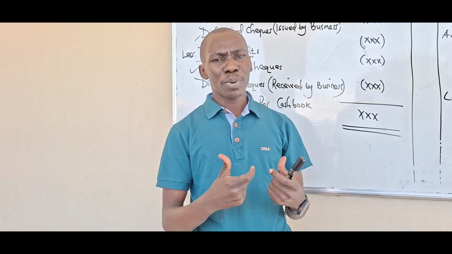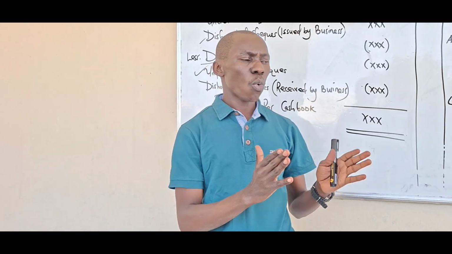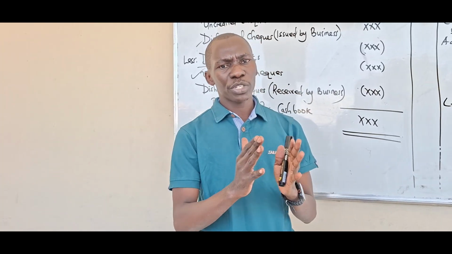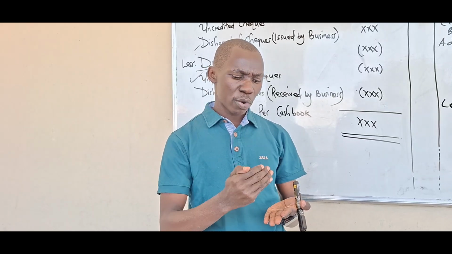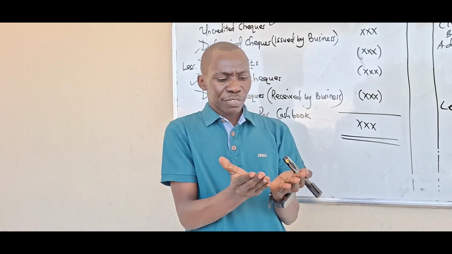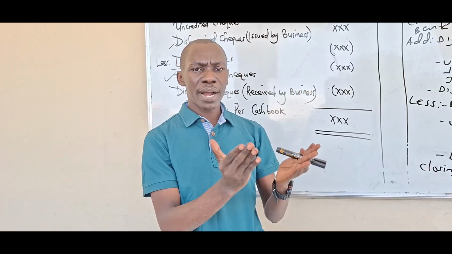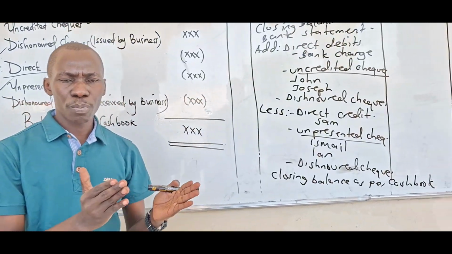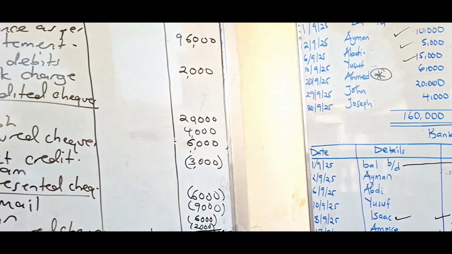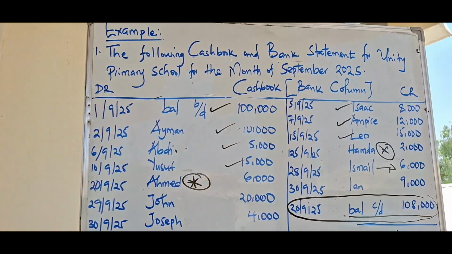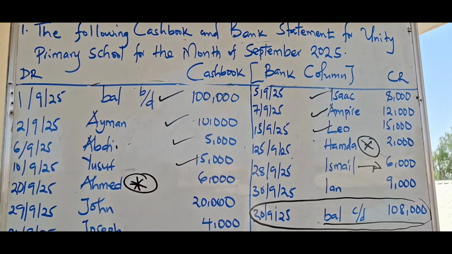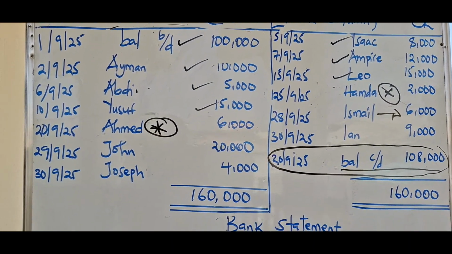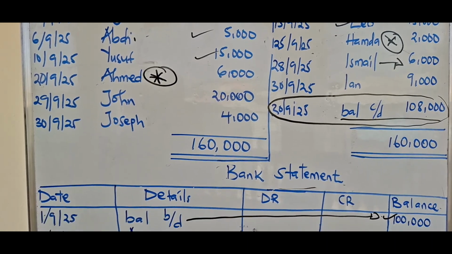But please, you practice. Make sure you know why you are recording, where you are putting that item. Don't just add and subtract. You should know why we are adding. You should know, first of all, what brings the bank statement to be different from the cash book in terms of their balances. The moment you master the reasons, then you can start looking for those reasons like direct credits, direct debits, unpresented checks, uncredited checks, among others.